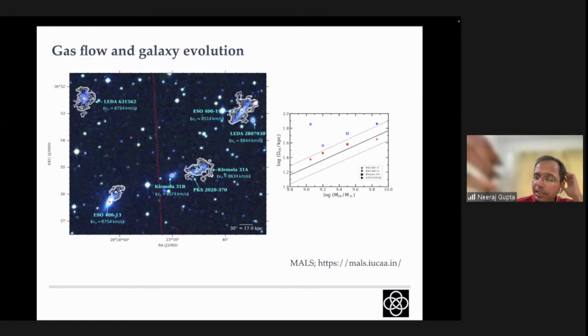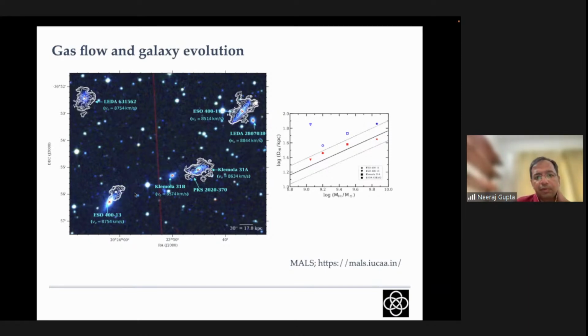In the first lecture, we were discussing the kinds of things that can happen. When galaxies interact with each other, the tidal effects can lead to a situation where the H1 from a galaxy is expelled. Something like this can happen.